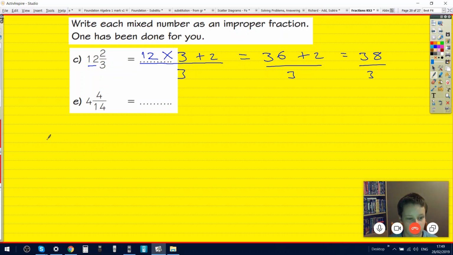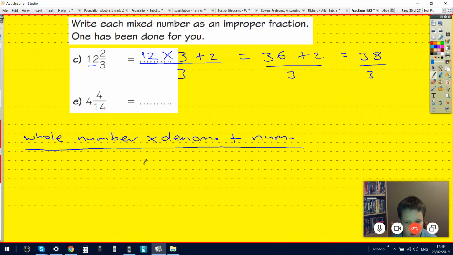So in general, whole number times denominator plus numerator all over denominator. And so what would be question E if you wrote it in that form? Just all in one go.